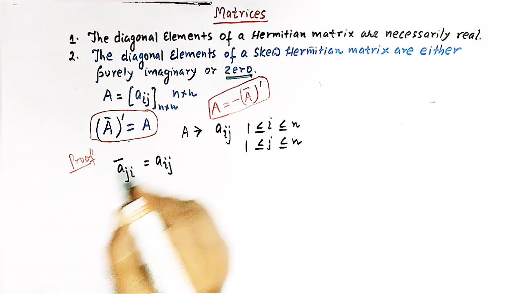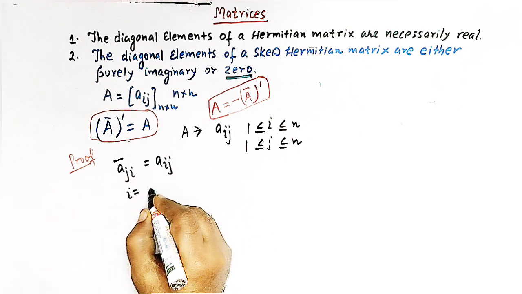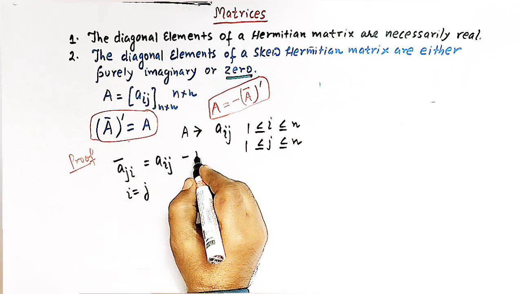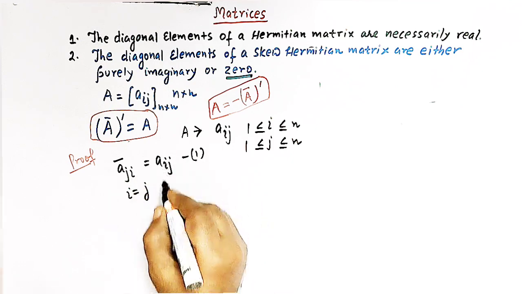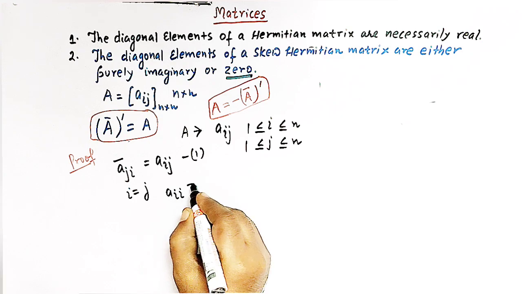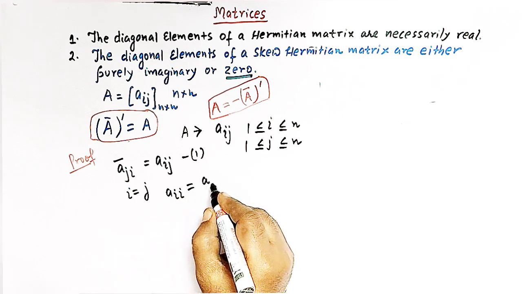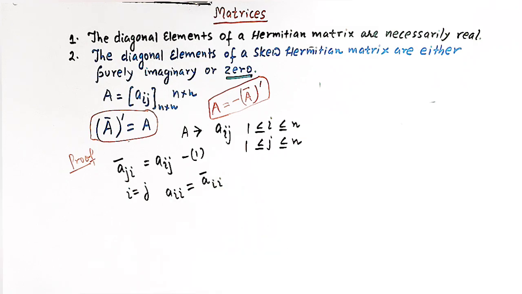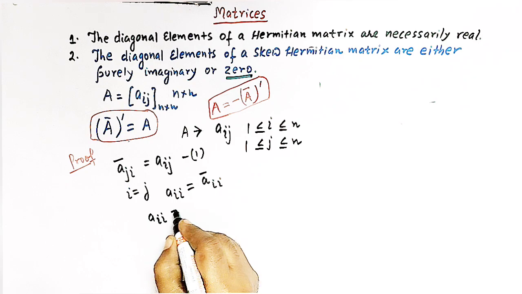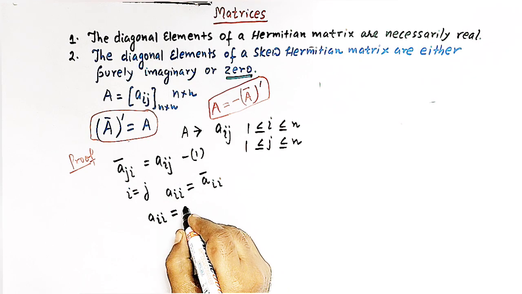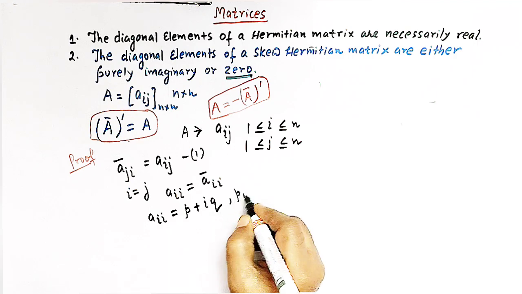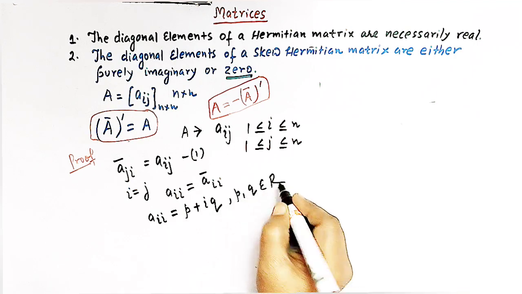Now for the diagonal elements, i must be equal to j, right? So substituting i equal to j in this equation, we have a_ii is equal to the conjugate of a_ii, and here we have the complex conjugate, right? So now let us take a_ii as a complex number, that is p plus iq, where p and q are real numbers.